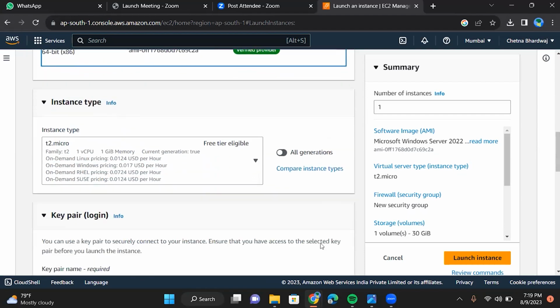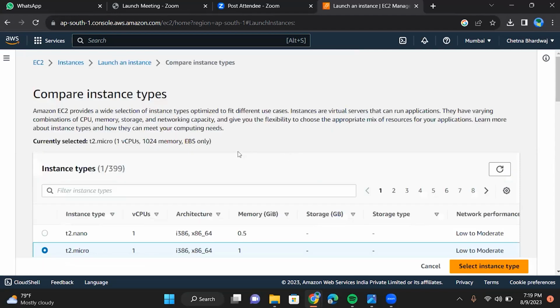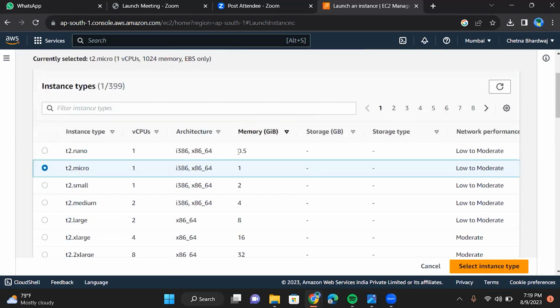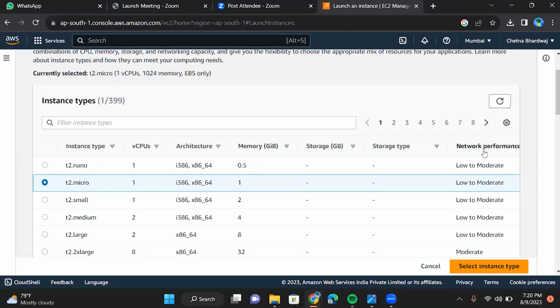So let's move on to the instance type. We have studied different instance types. For general purpose, we will use T2 micro. This is also free tier eligible. We can compare different types of instances from this tab. In this tab, you can see what kind of performance we want.